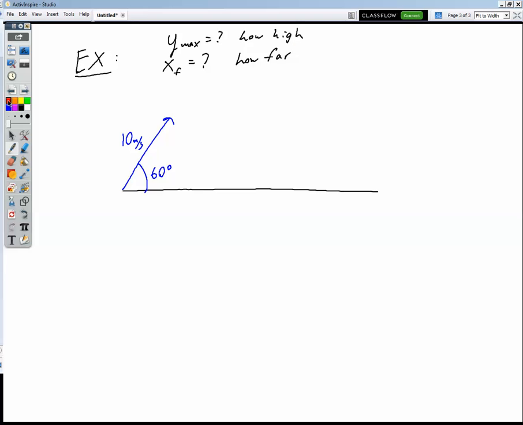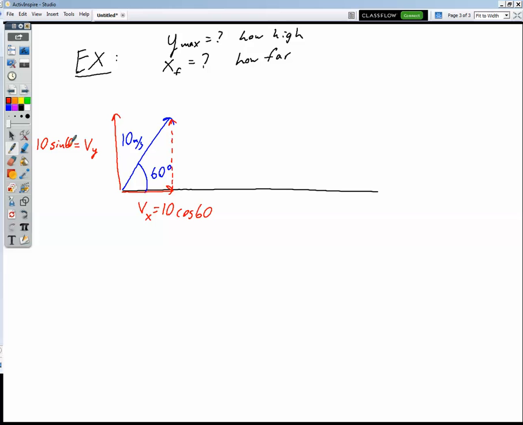The other really important thing that we should probably do is resolve our velocity vector into its x component and its y component. All right? So we do have a right triangle here, moving that vy over here, and vx is the side adjacent, so we end up with a component that is 10 times the cosine of 60 because that's the side adjacent, and on the y side it's the side opposite, so we're going to be 10 times the sine of 60, sorry, for the y component to our velocities.